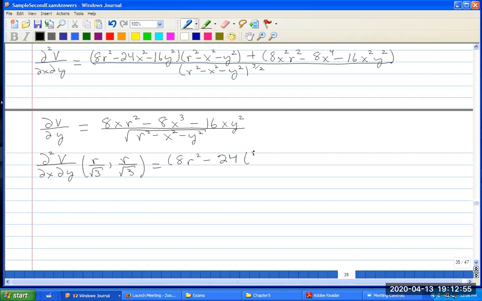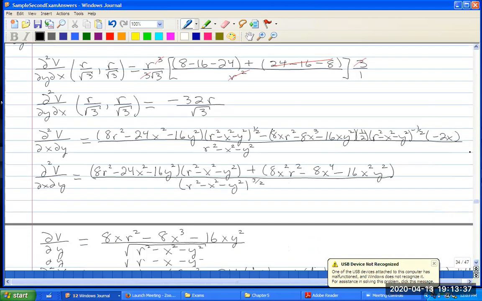X squared is r squared over 3. So those are going to cancel. Minus 16 r squared over 3. Again, this will be an r squared over 3 plus 8. That'll be r squared over 3 times r squared minus 8 r to the 4th over 9 minus 16 r to the 4th over 9.